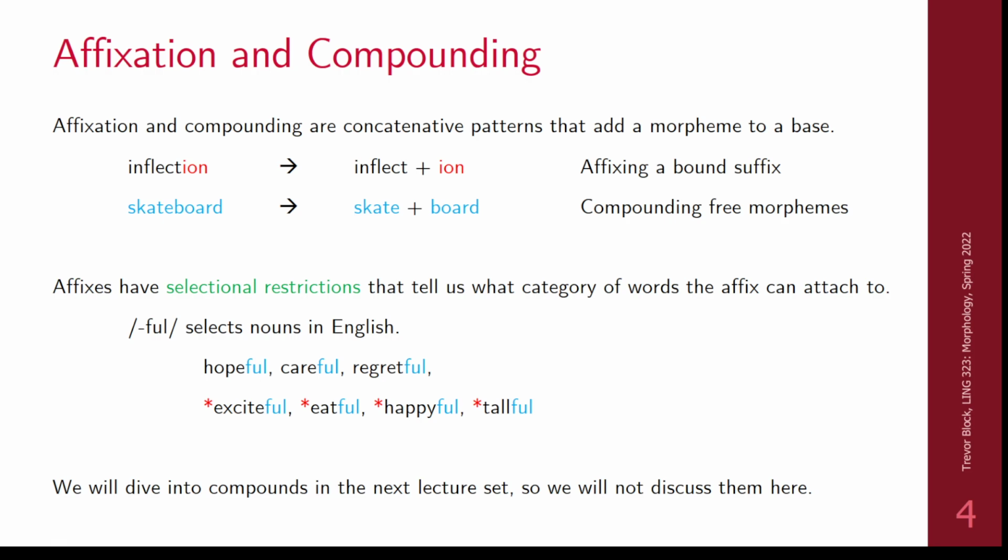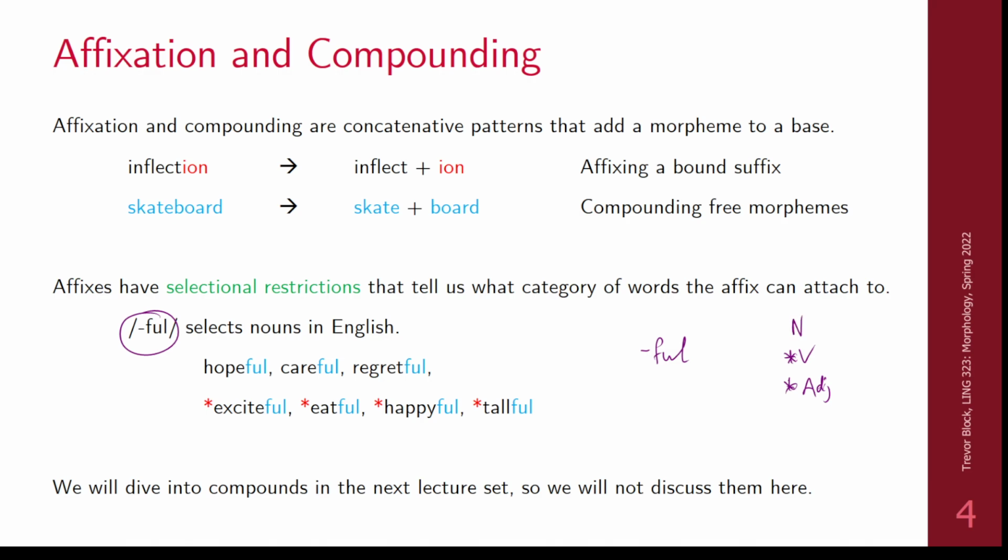What I will say is that these affixes, like full, for hopeful, careful, regretful, these have selectional restrictions. So if you imagine with full, it's a little picky about what it wants. So it does not want verbs, it does not want adjectives. What it does want are nouns.